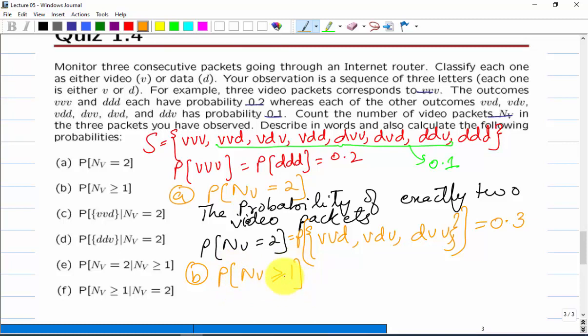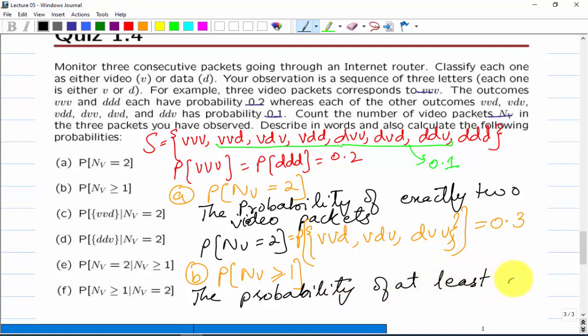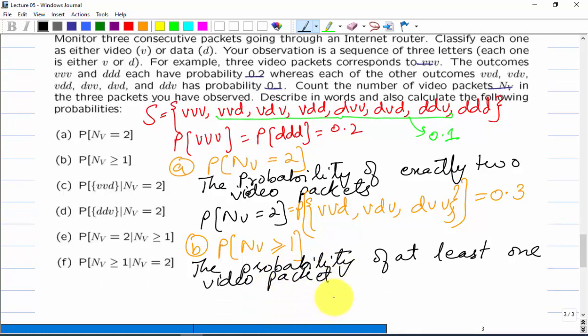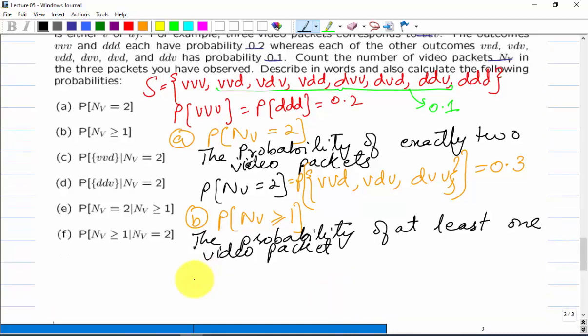In descriptive form we can write it as the probability of at least one video packet.